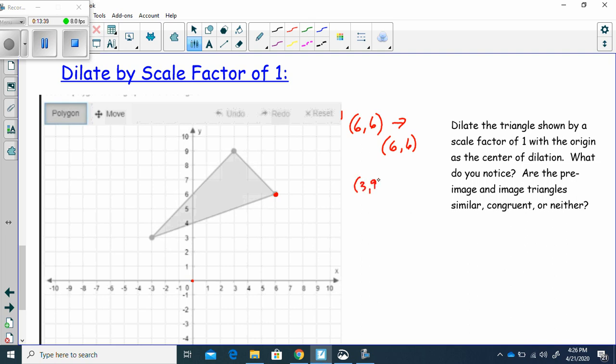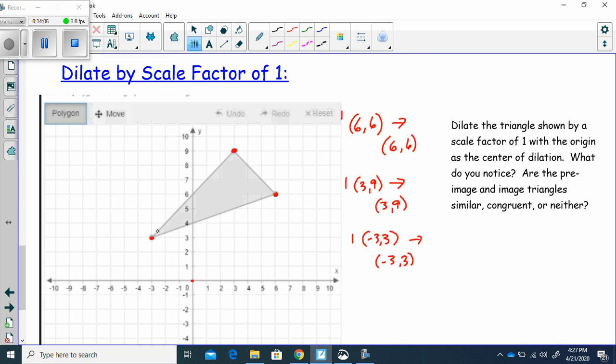What if I dilate it by a scale factor of 1? I come away with 3, 9, where we started. How about this point? This is at negative 3, 3. If I dilate it by a scale factor of 1, I wind up with negative 3, 3, what I started with, right?